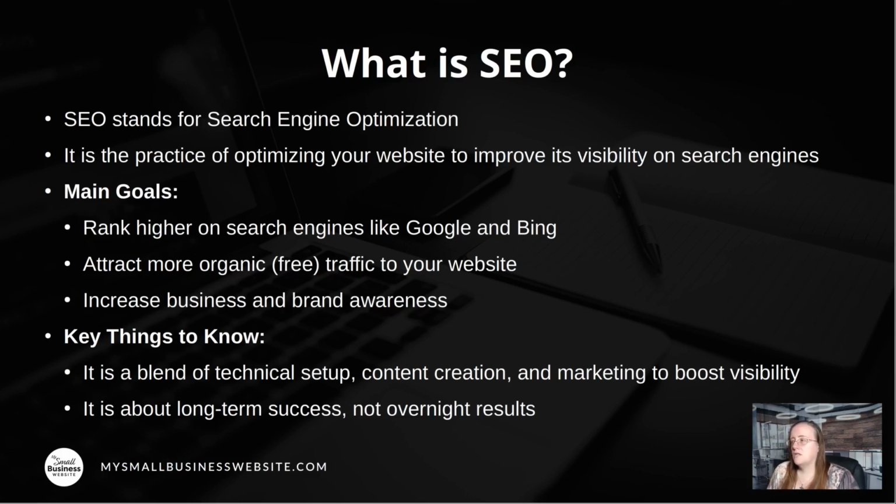And then you also need to do some marketing as well, and that will help to increase your ranking. Now, the important thing to know about SEO is that you're not going to get immediate results, typically speaking. It's going to be something that you see over time. So you can expect months before you really start to see any results from SEO.